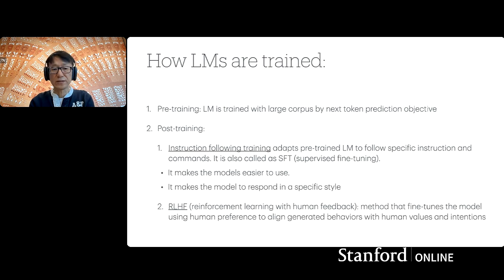That's how the models are trained so that they are easier to use, and also so that they respond in specific styles. And once this is done, an additional training method is aligning to human preference by using reinforcement learning with human feedback, which uses human preference to align the model by using reward schemes.